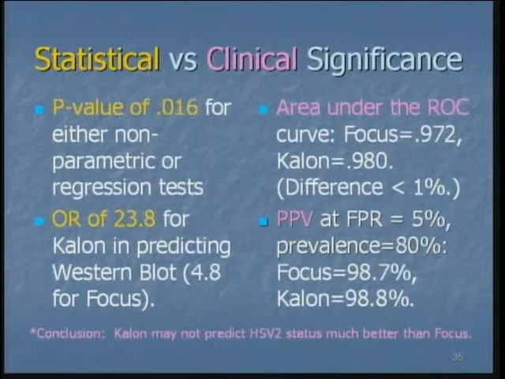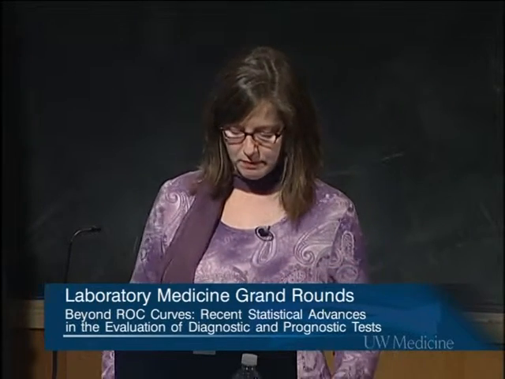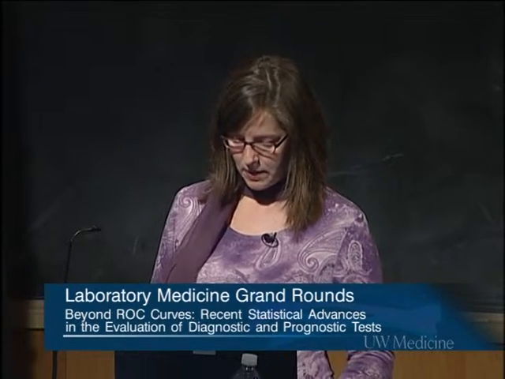Here's our cutoff. Let's say prevalence is 80%. The difference between the positive predictive values is now 0.1% between these two tests. So impressive statistical power to detect a difference. Clinically, I'm not sure I'm real excited. So here it becomes a matter of, what's it worth to pay for the more expensive test of Kalon.